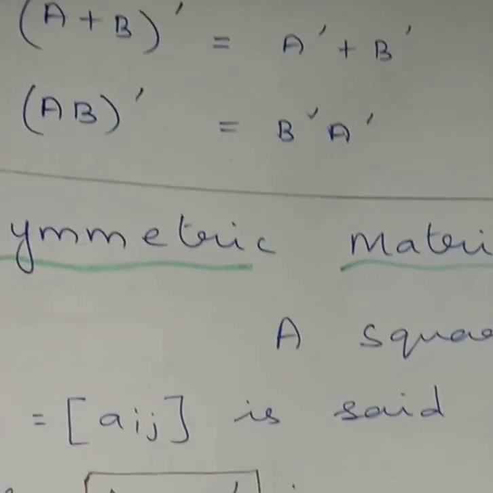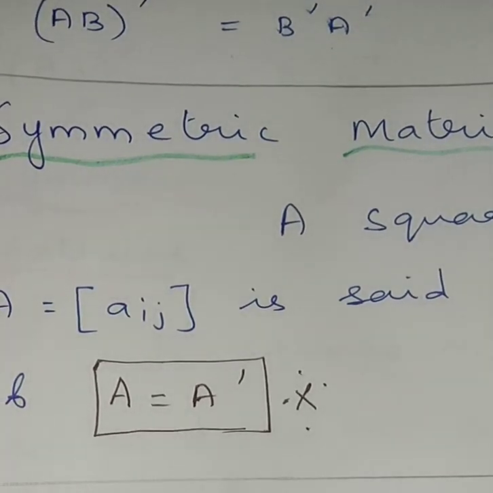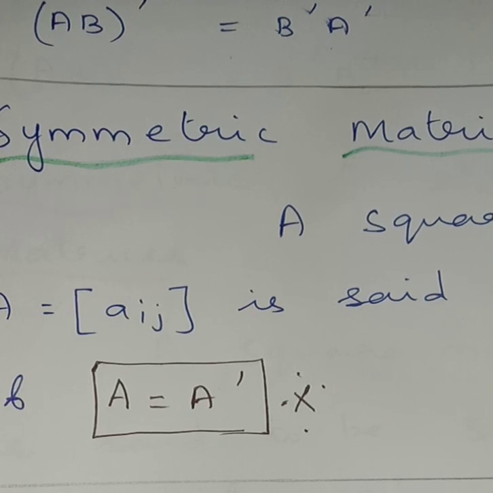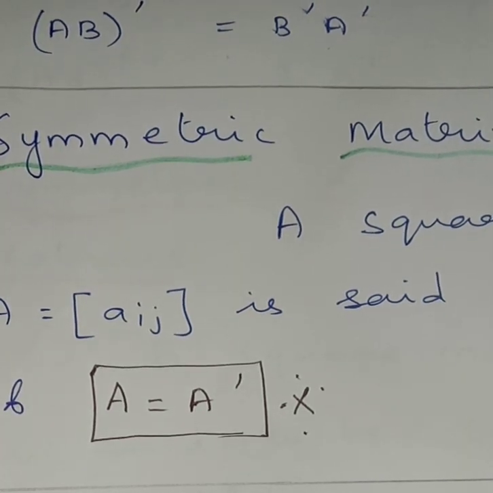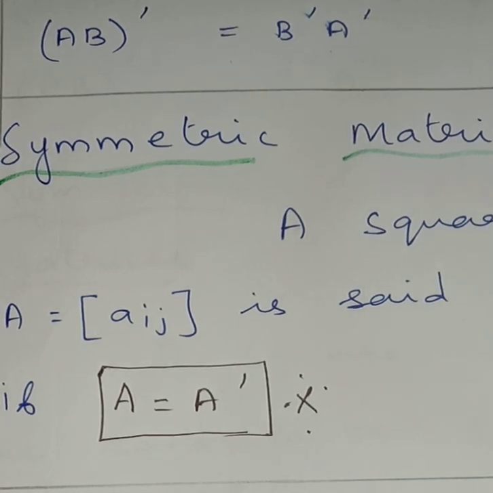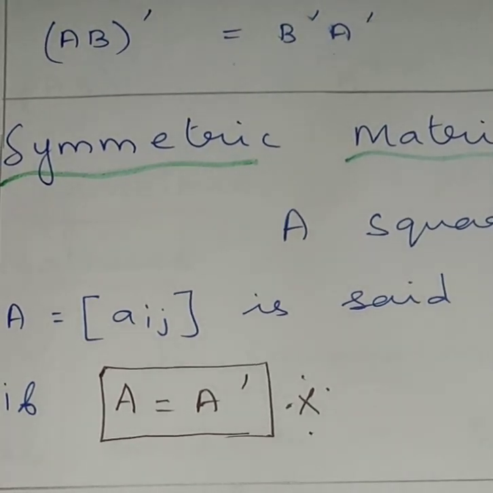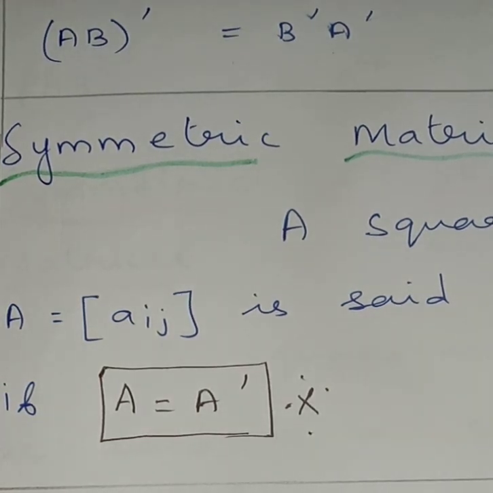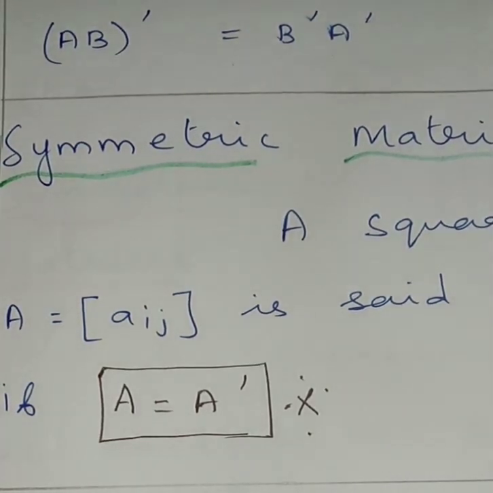So let me see one example now. So this is the matrix. A is equal to root 3, 2, 3, 2, 1, 0, 3, minus 1, 1. So can we find A dash for this? That is the transpose for this. So what is the first row here? That will become the first column. 3, root 3, 2 and 3.